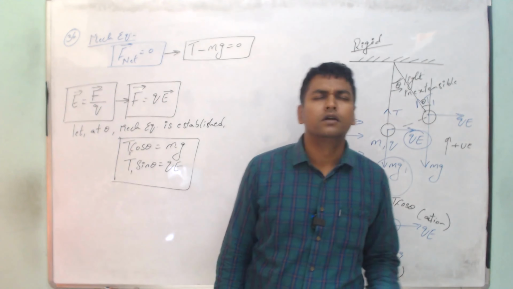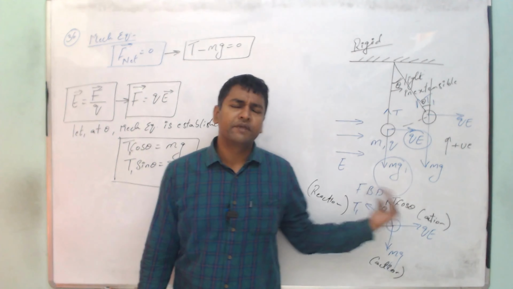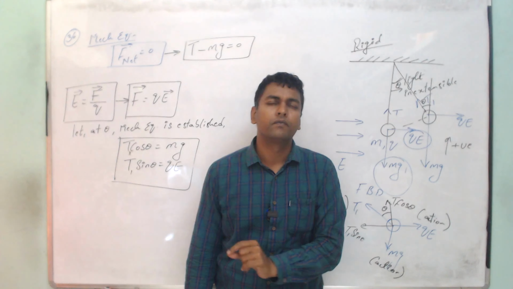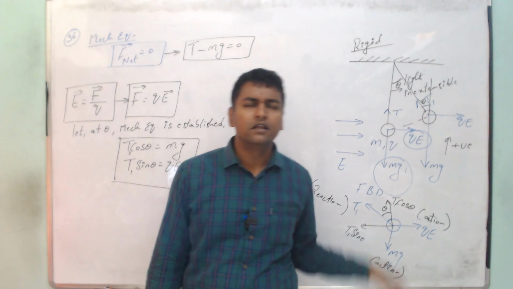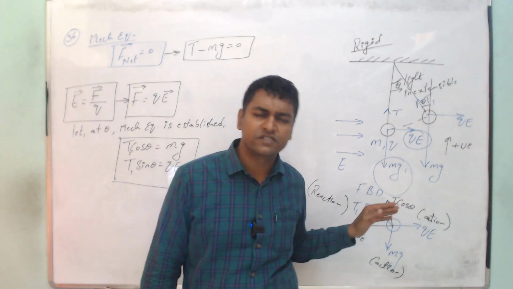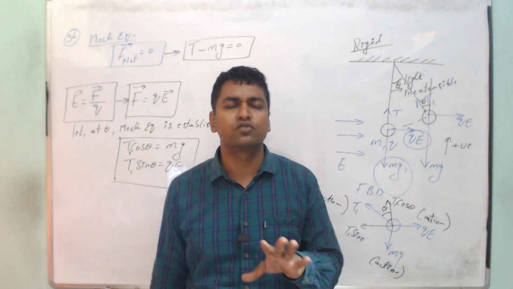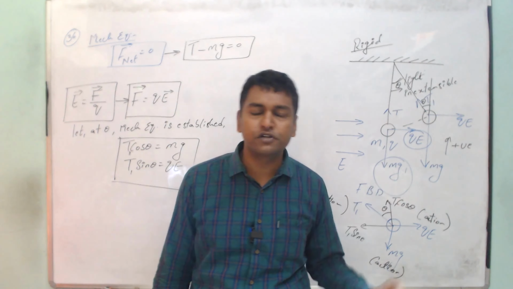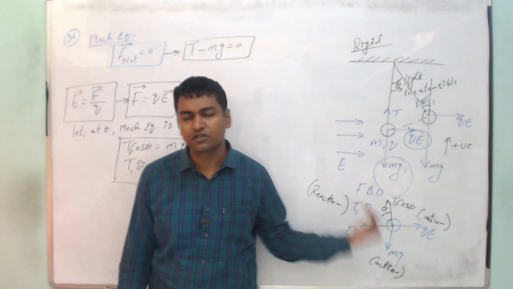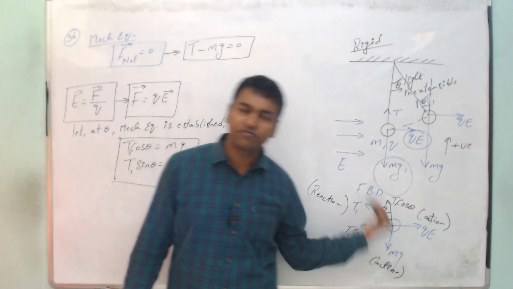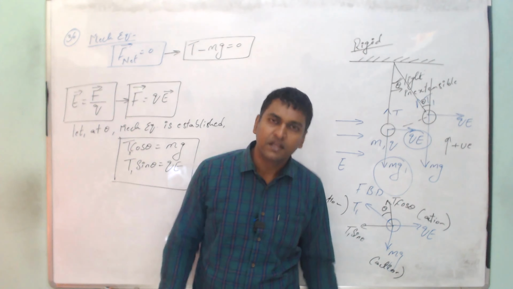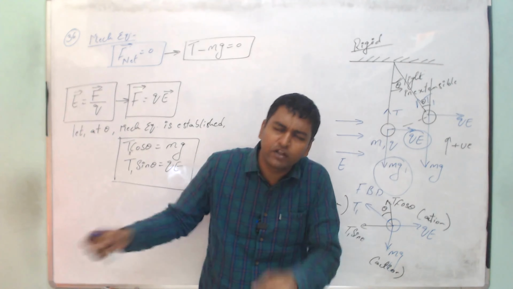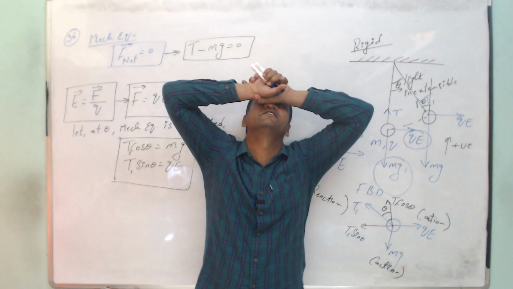The components of my tension forces at equilibrium are going to cancel my action forces, gravitational and electrostatic. The components of my reaction force, the tension force, are cancelling my action forces because I want equilibrium. Is this clear?